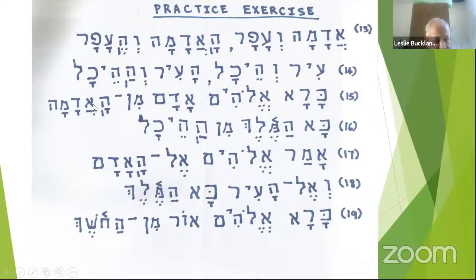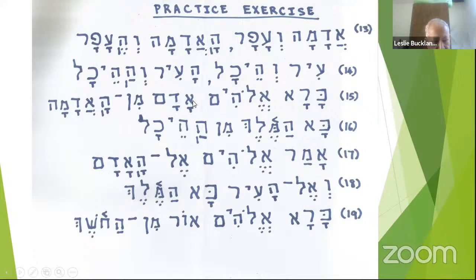So ha-adama, notice this is kamatz and not pathach, because the aleph is a weak guttural, and therefore it requires that there is a lengthening of this pathach to kamatz. Ha-adama. The whole sentence reads, God created man from the ground.